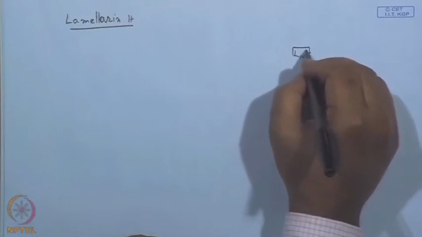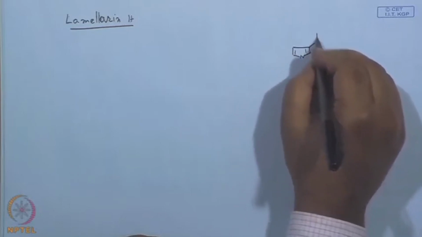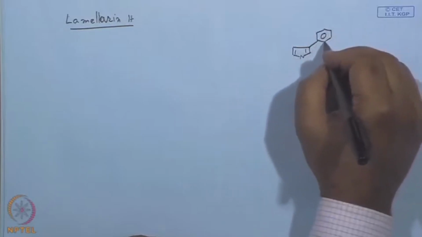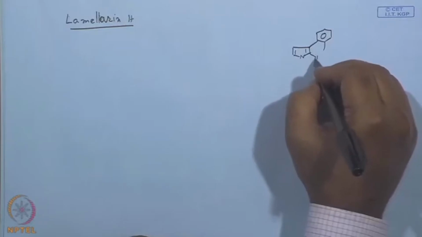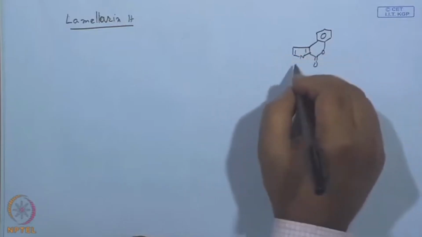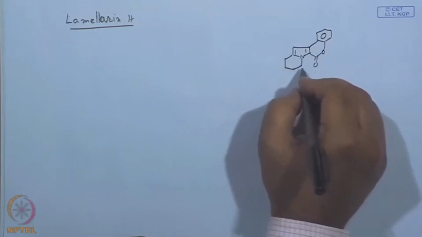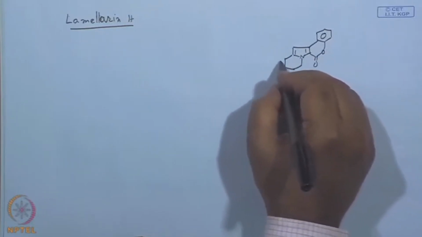It is a tetrasubstituted pyrrole derivative, and the molecule would look like a really big molecule.